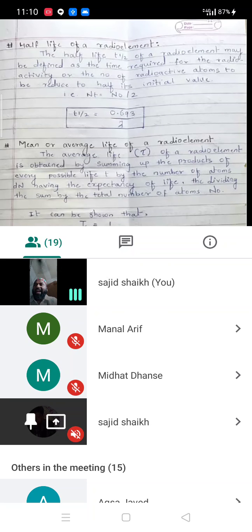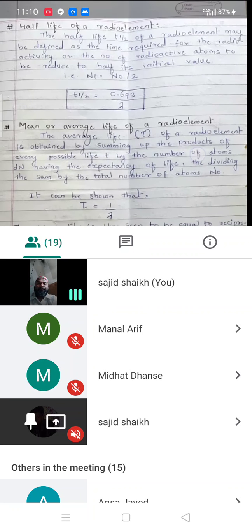Then the mean or average life of the radio element. The average life, denoted by T or tau, of a radio element is obtained by summing the products of every possible life t by the number of atoms dN having that expectancy of life, and dividing the sum by the total number of atoms N0.